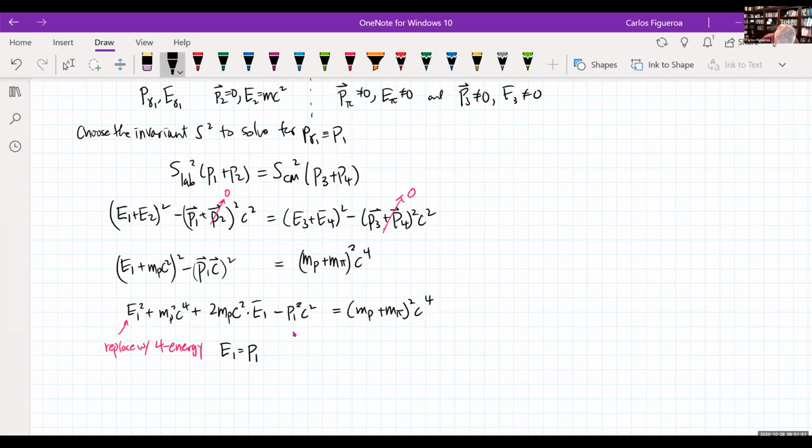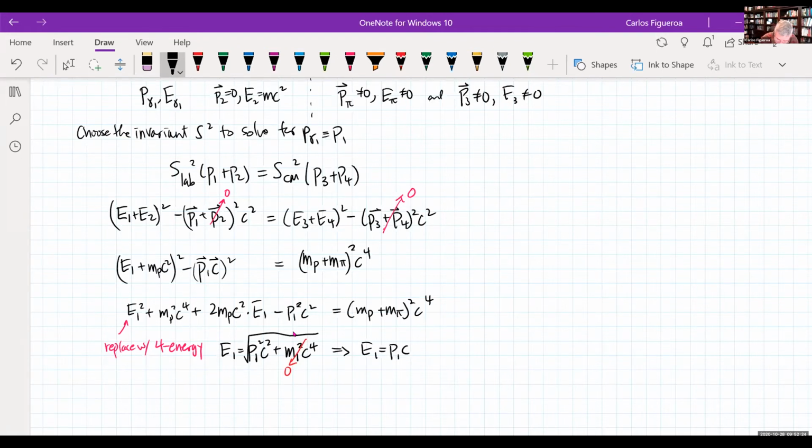If I look at this, we know that photons have zero mass. I kept thinking that was a pion in my head. So we know that E1 is the same as P1 times C, which implies that E1 is equal to P1C.